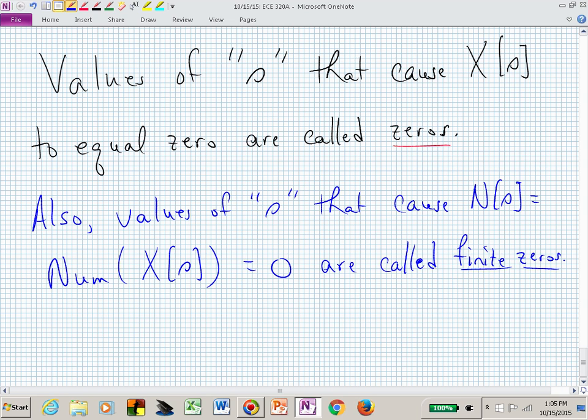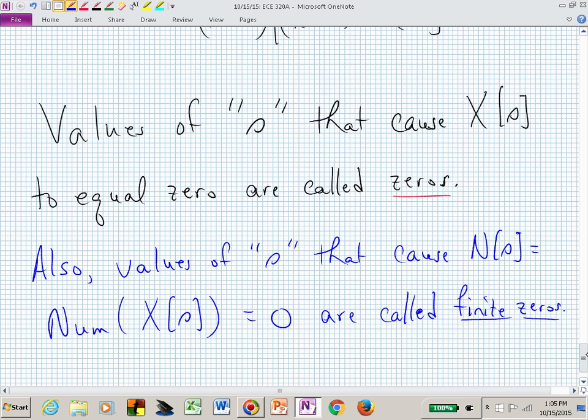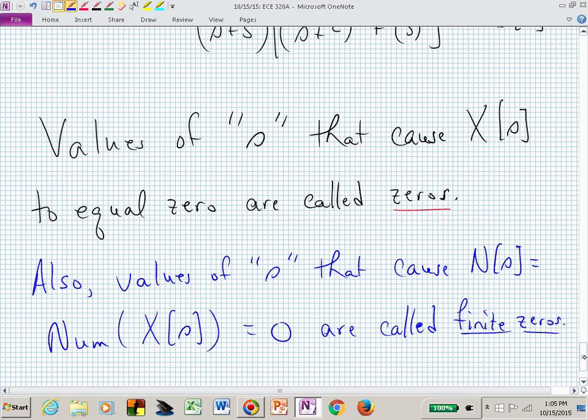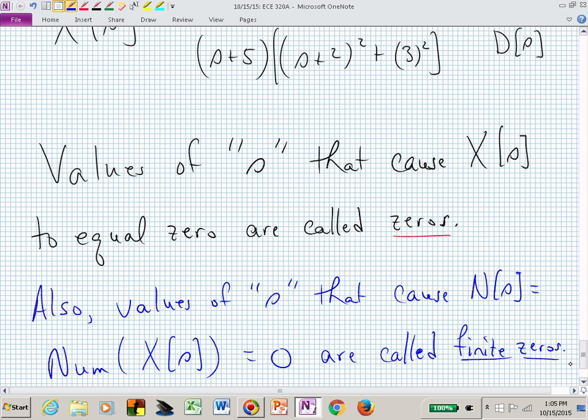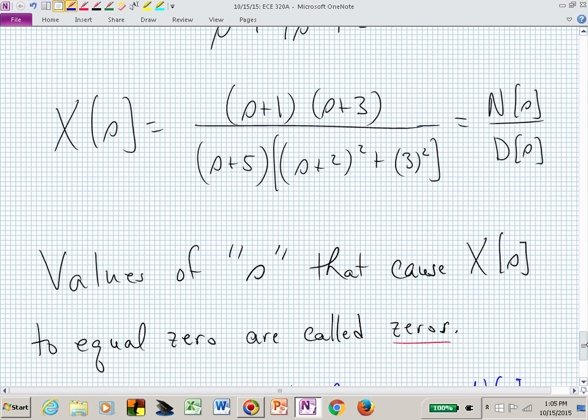Now, what's the difference between the blue line and the black line? Or blue sentence and the black sentence? So here we're talking about zeros, and now, are there other values of s that are not finite that cause capital X to vanish or to equal 0? What's the difference between the order of the denominator and the order of the numerator?